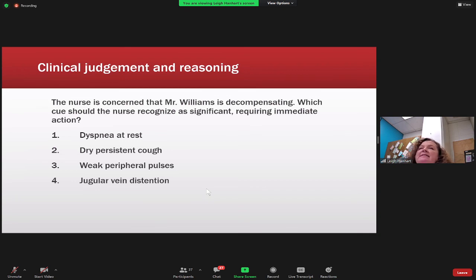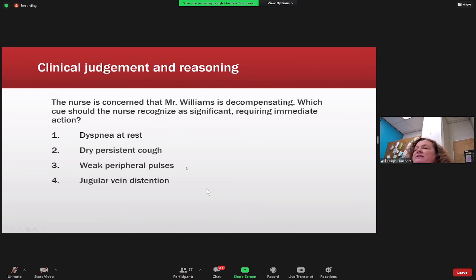So we're worried that he's decompensating. What is going to require immediate action? Dyspnea at rest. Yeah, remember, it's a problem. Airway, breathing, safety. Is a dry, persistent cough going to do anything to anyone? A lot of your heart failure patients have this when they're not in fluid volume overload.